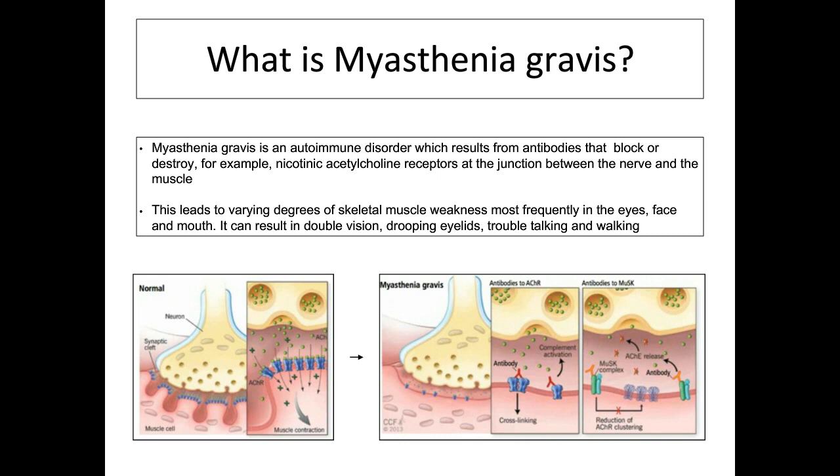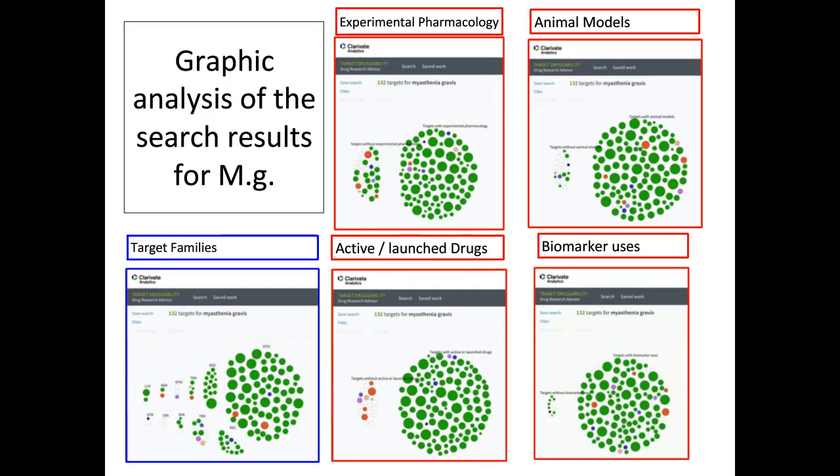Let's turn our attention to the results from TD for myasthenia gravis. 132 targets are represented here as bubble plots. Firstly, we use binary classifiers that indicate the presence or absence of specific data, and these results are shown here in red. To be more specific, targets that have experimental pharmacology data.